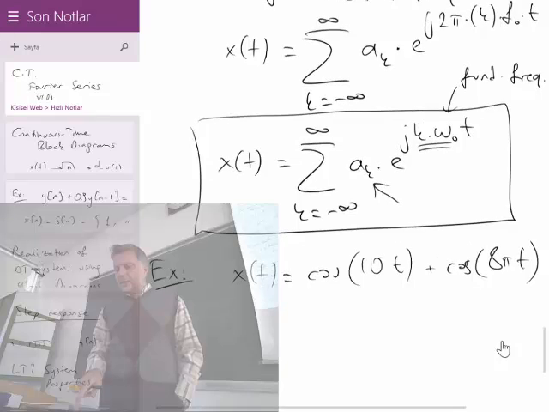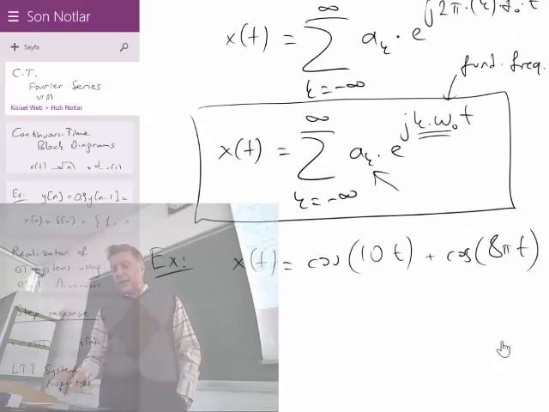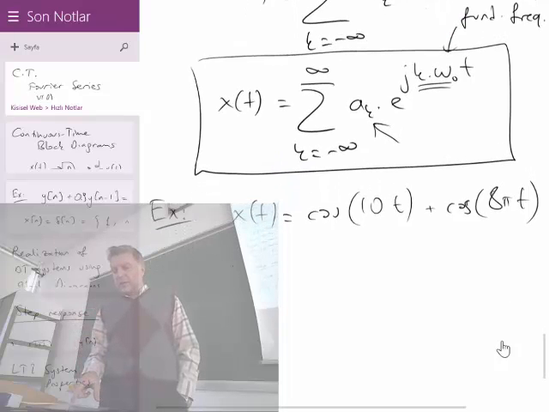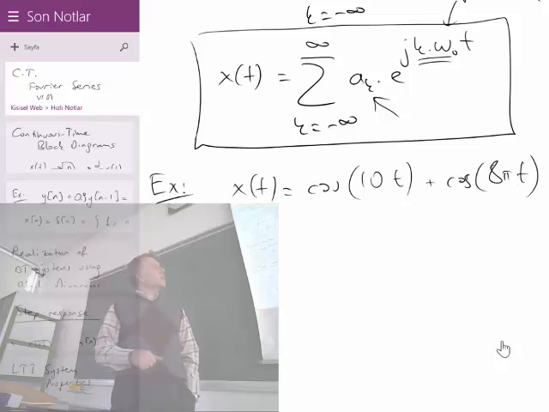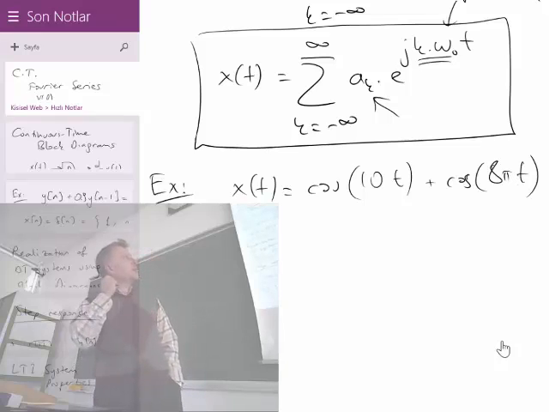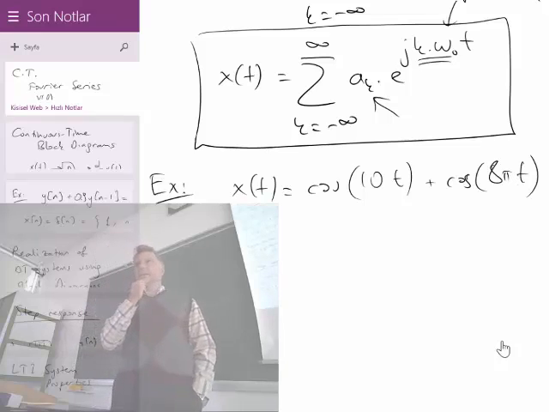Now this is a strong argument. The integer times omega 0 is a strong argument. And you must be careful about whether the signal that you come up with or you have is already periodic or not. For instance, here is an example. x of t is cosine 10t times cosine 8 pi t.